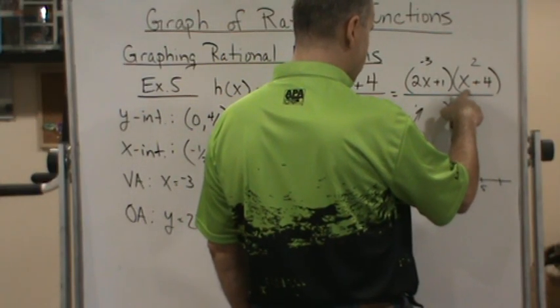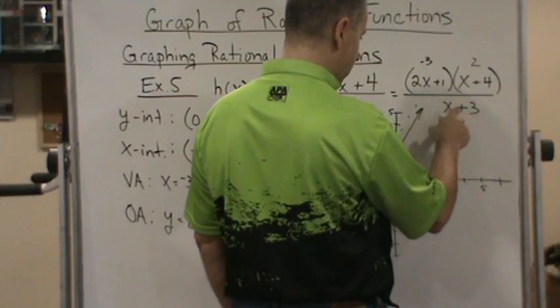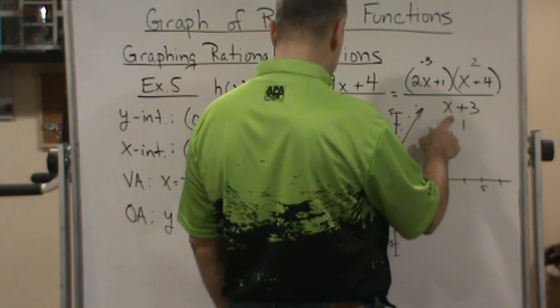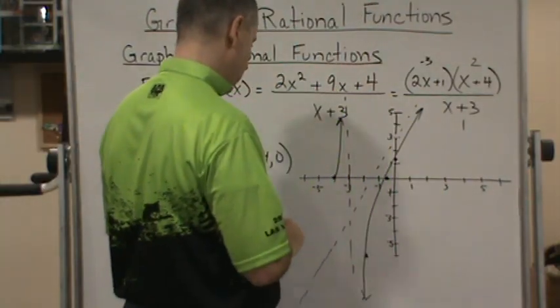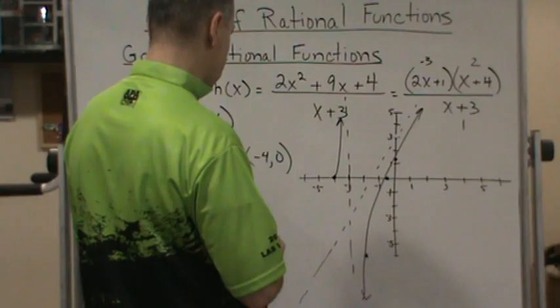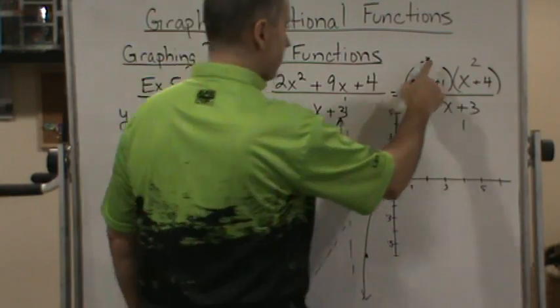Negative 9 times negative 1, so that's positive 5. Positive 5 divided by negative 2, so that's negative 5/2, right? So let's do this.